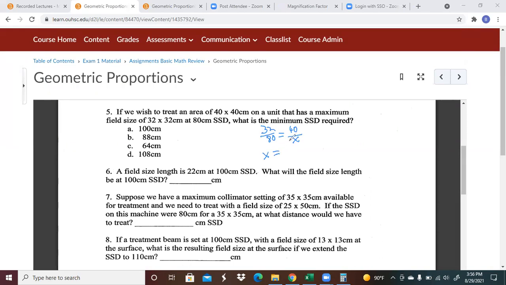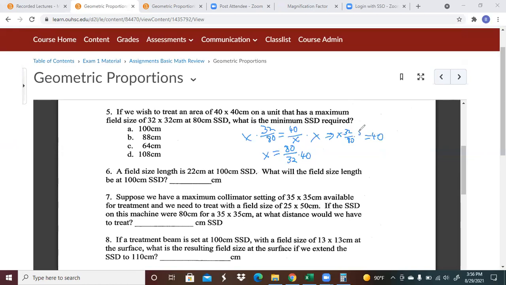If I get rid of this by multiplying by its reciprocal, both sides, that's what I'm going to end up with. To show all the math steps, that ends up being x times 32 over 80 is equal to 40.